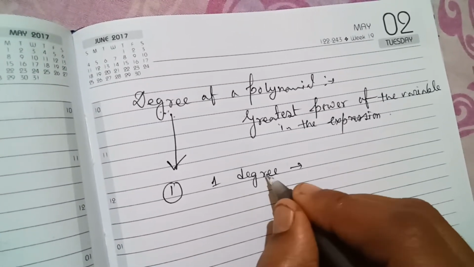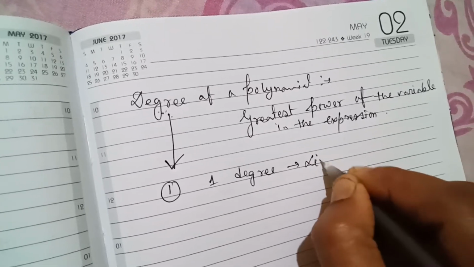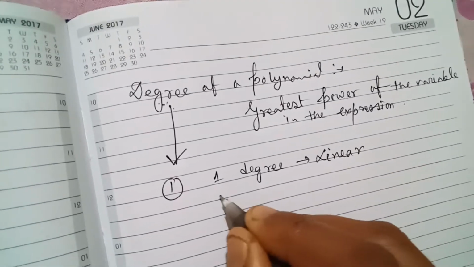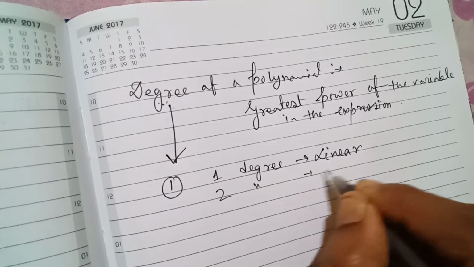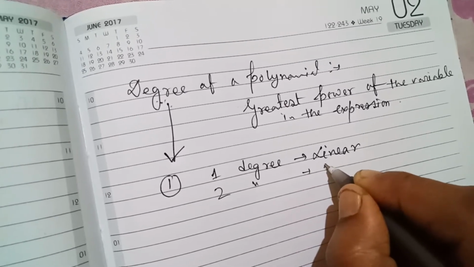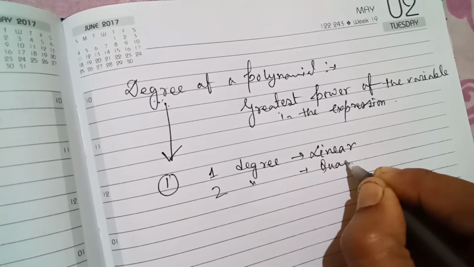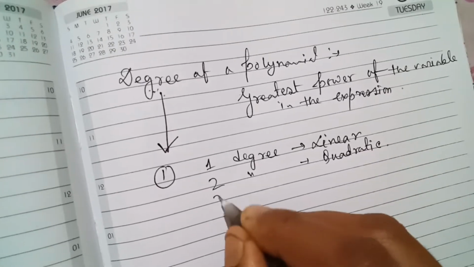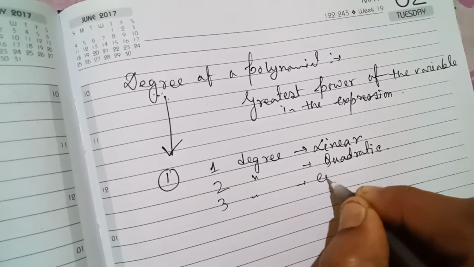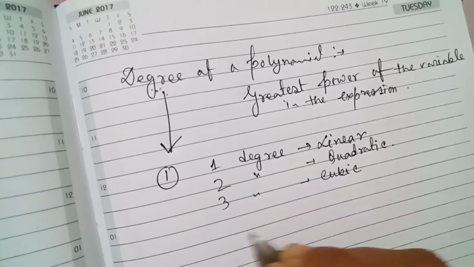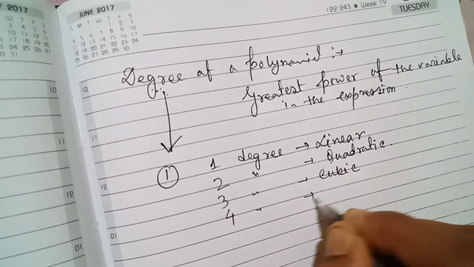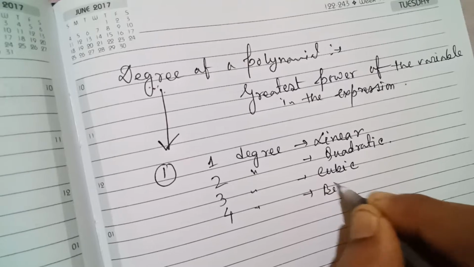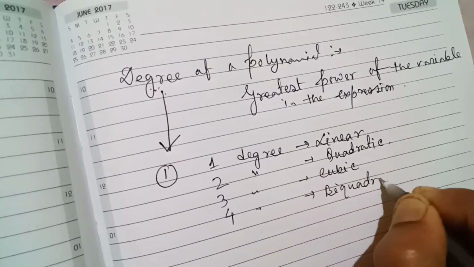If it has degree 1, then the name is linear polynomial. Degree 2, then it's quadratic polynomial. Degree 3, cubic polynomial. Degree 4, biquadratic polynomial.